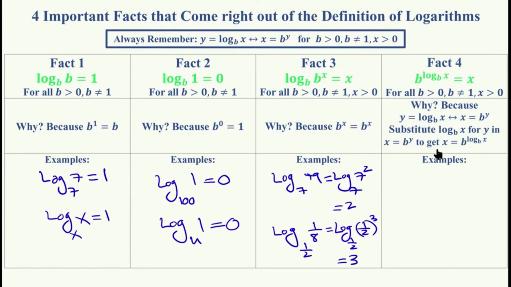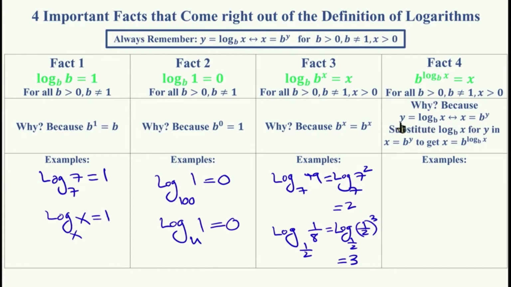All right. The last one might look a little bit weird at first, but when you think about it, it makes total sense, because we're saying b to the power of log base b of x is x. Well, look, just from a purely substitutional point of view, remember this basic equation that we've been using all video, right?